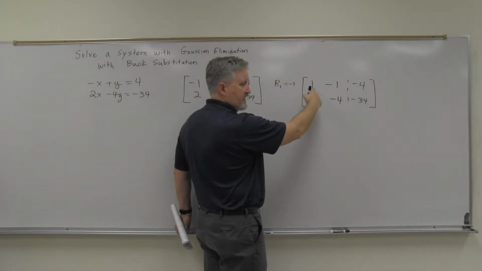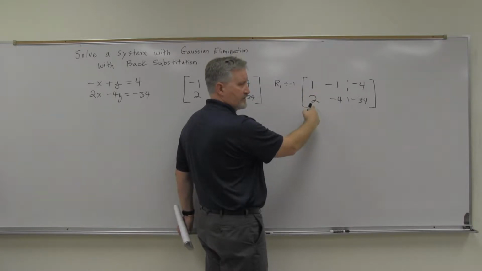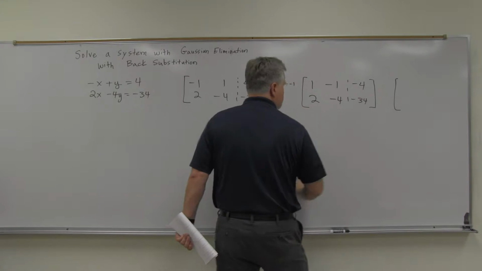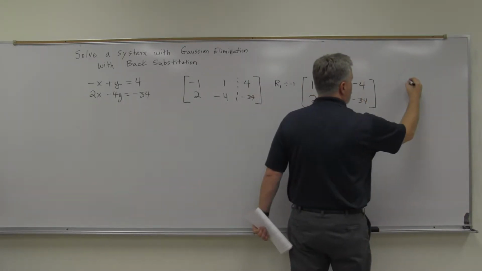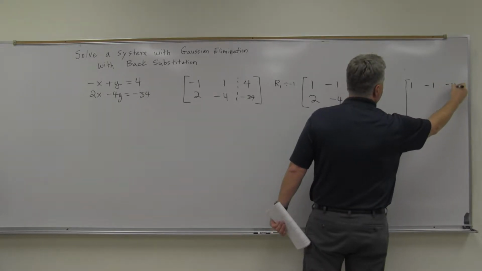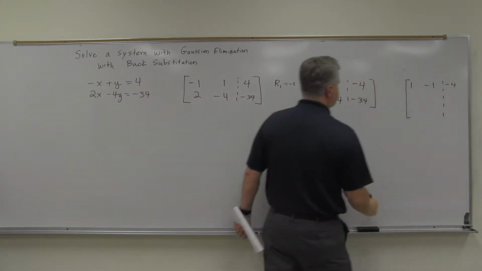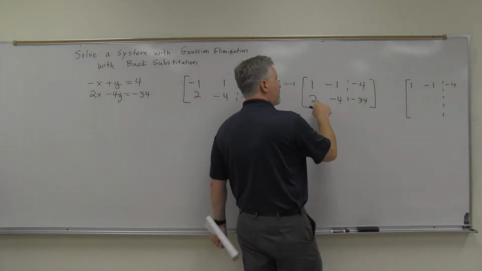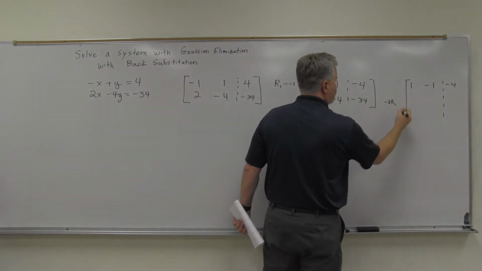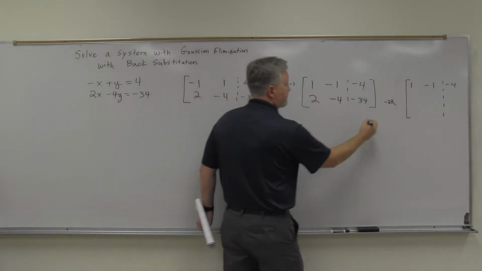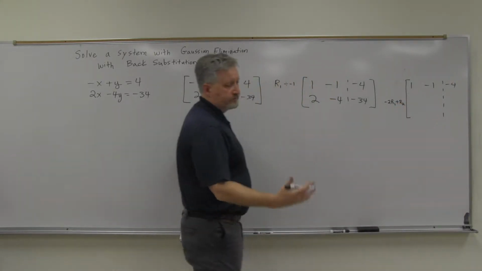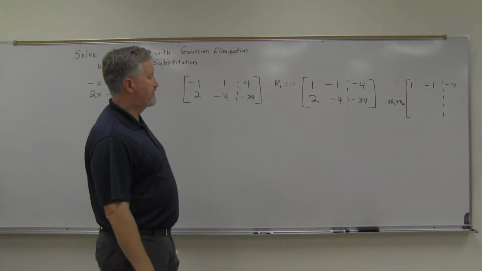So I'd keep row 1 as is. But to make this 0, I would take negative 2 times row 1 and add it to row 2. That'll make that term 0, and it makes the rest whatever it is.